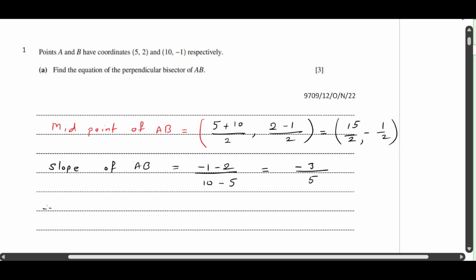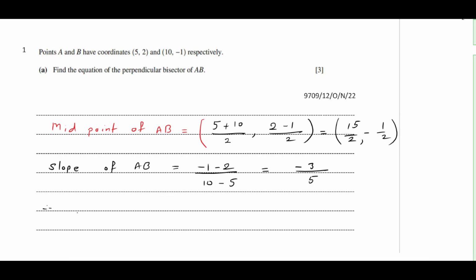This slope can also be written as gradient. So the gradient of the perpendicular is the negative reciprocal of the slope of AB. So that is 5 divided by 3.